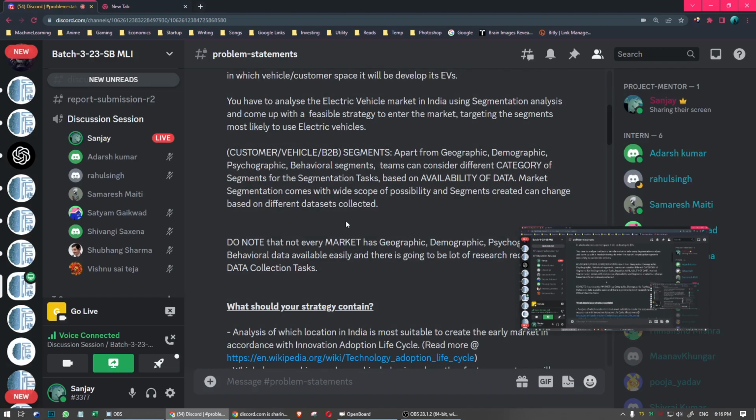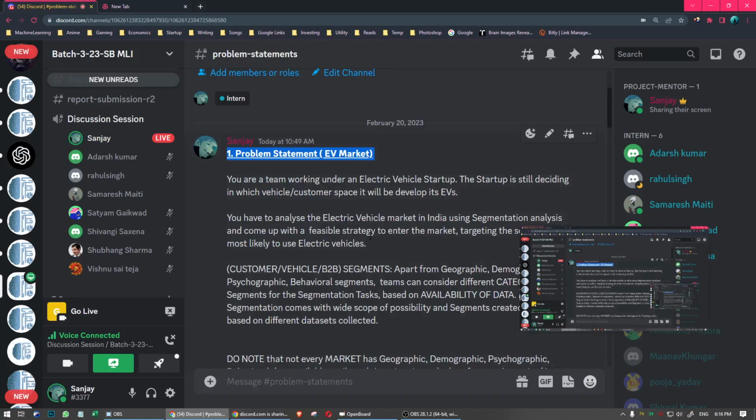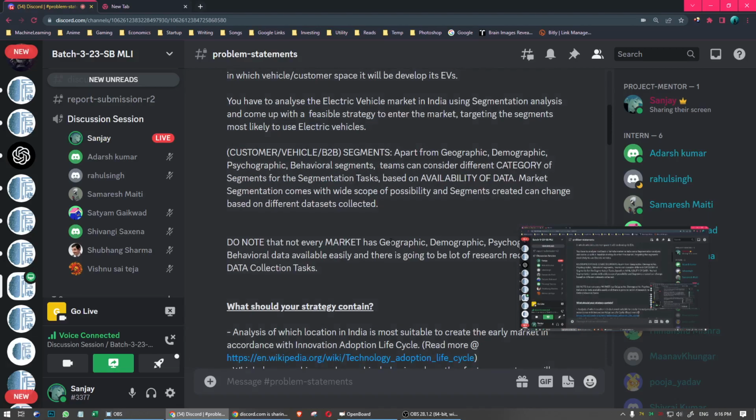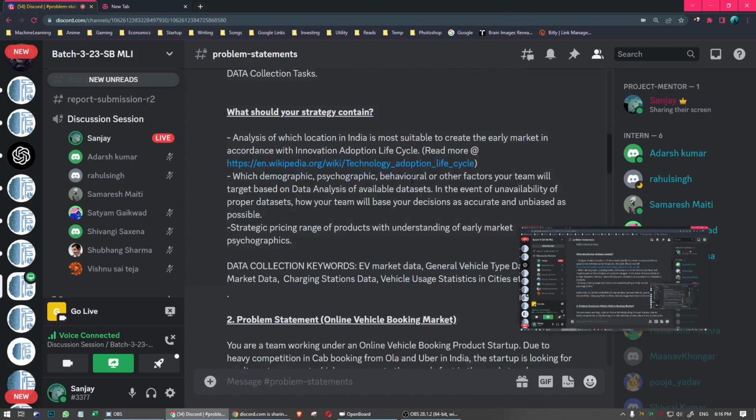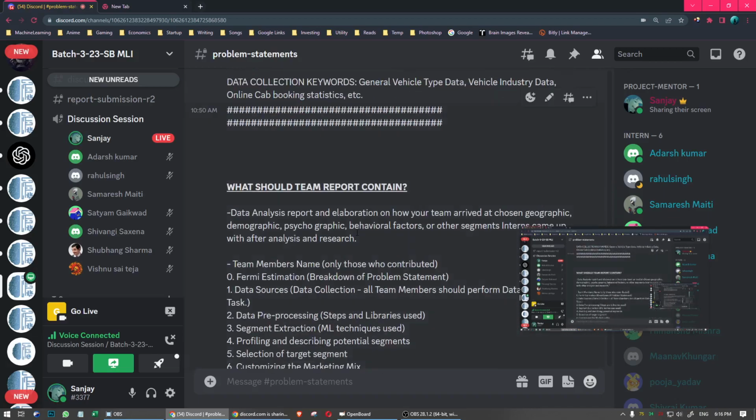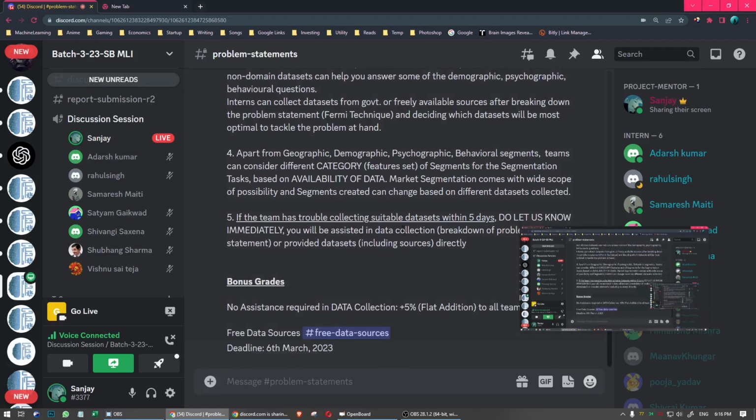Just look towards the petrol and diesel market data sets and perform analysis on that, because the vehicle market will change into the EV market. Keep that in mind when you are working on the EV market data sets.